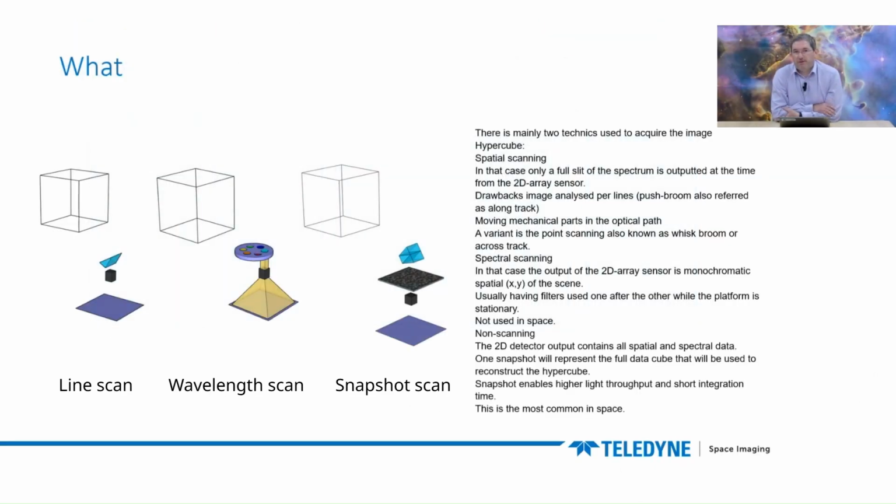In terms of system, there are today 3 ways to do hyperspectral and 3 ways then to build a hypercube. The first one is a line scan based technique, where the object or the area is scanned and generates the different columns one by one, creating the hypercube.